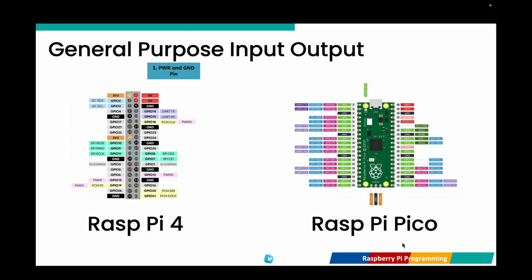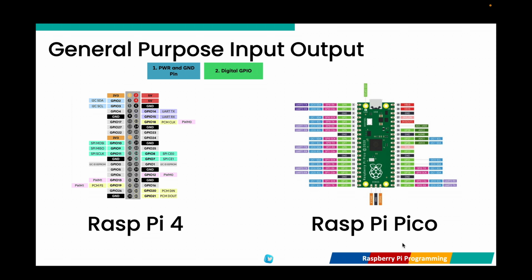5V pins are only on the Raspberry Pi 4, used for higher power components like motors and displays. The Pico lacks 5V GPIO pins, as it is strictly for 3.3V devices. Ground pins are used for common ground connections for circuits and peripherals.